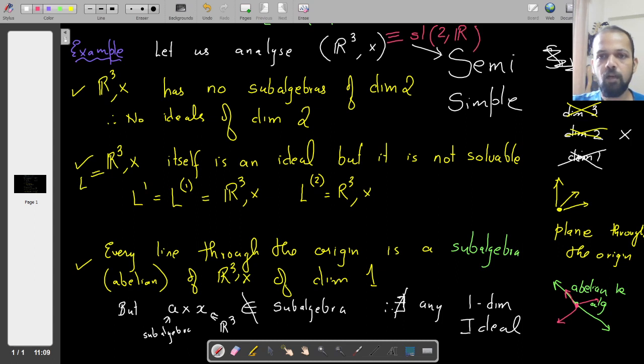That is, if you look at 2 by 2 matrices with real entries whose trace is 0, that is also a dimension 3 sub algebra with L dash equal to the whole of L, in both cases. So that's unique. If you have these two conditions, that L dash is the whole of L and dimension 3, that is unique. So these two are isomorphic. So if you prove something about R3 with cross product, it holds for SL2R as well.